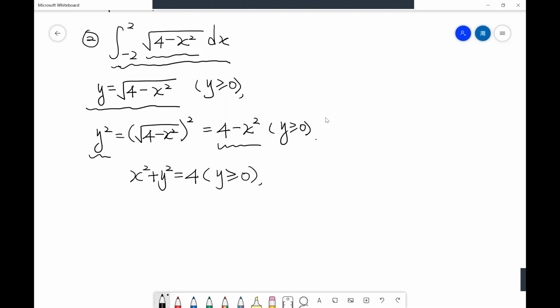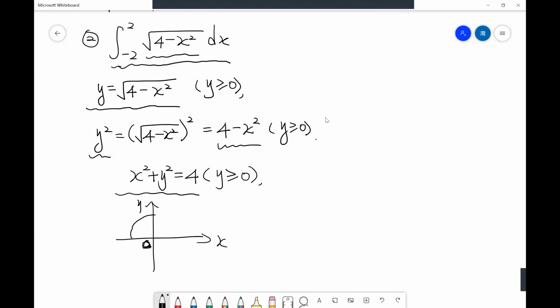So guys, do you know the graph of x squared plus y squared equals 4? What is the graph? Do you know that? Circle. Yeah, a circle, and the center is the origin, right? So that should be the circle here with radius 2.